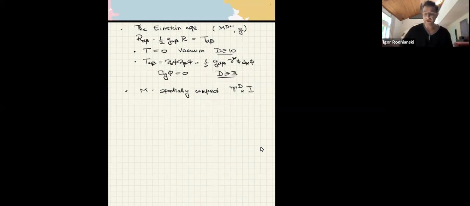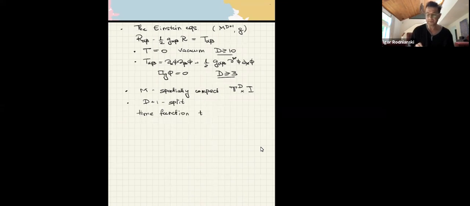Okay, very good. So now let me remind you how to write down the Einstein equations as an evolution equation relative to what's called the 3+1-dimensional split. Of course, in this case, this will be the d+1-dimensional split. Again, you imagine that you have a time function t.